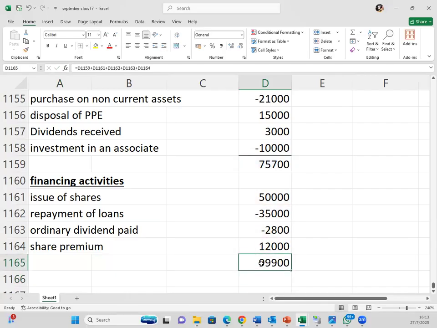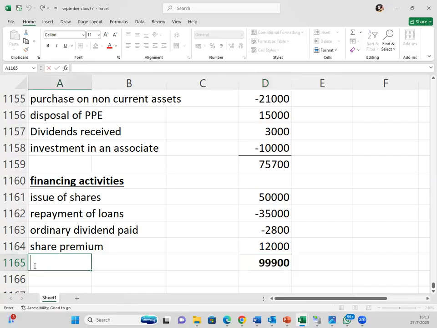Now, this is the net cash flow for the year. So this amount here is the net cash movement for the year.